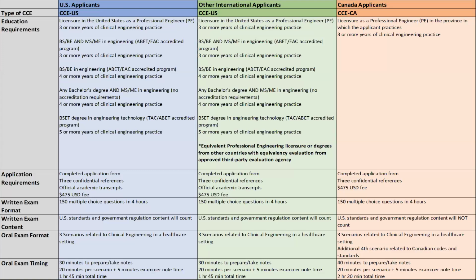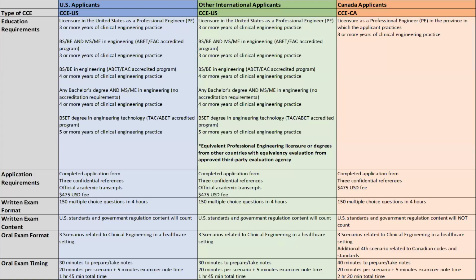US applicants or other international applicants have additional educational requirements, letters of reference, as well as your transcript. The application requirements are fairly consistent, with the exception of Canada not needing a transcript, as they have provided that in order to get their PE.